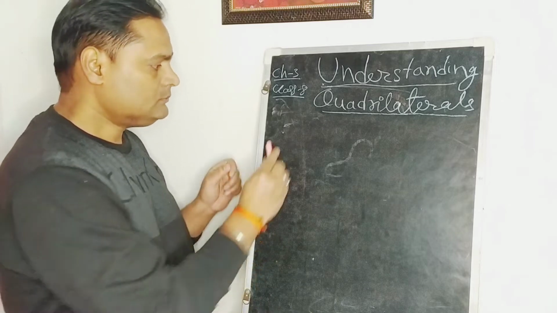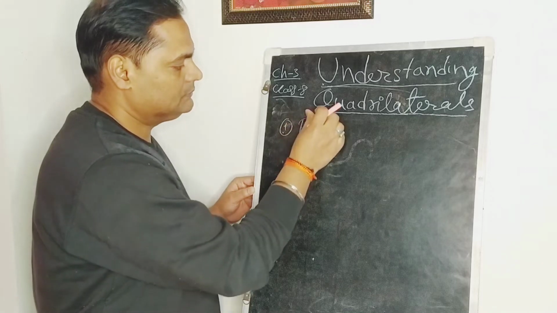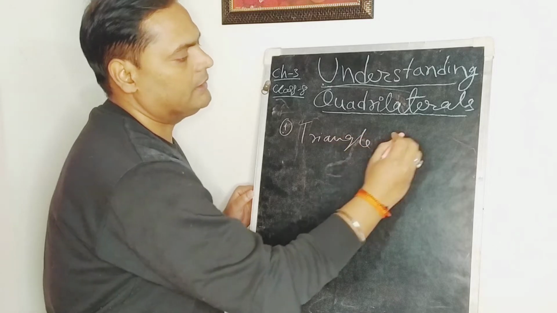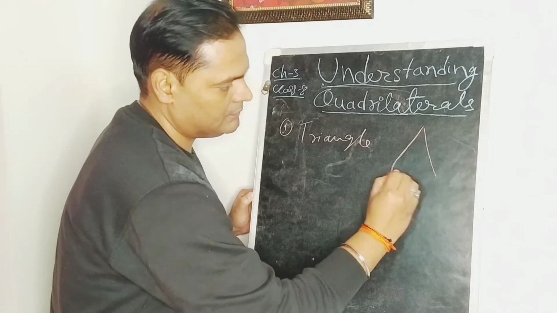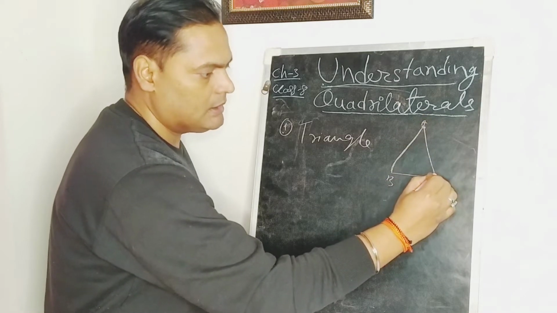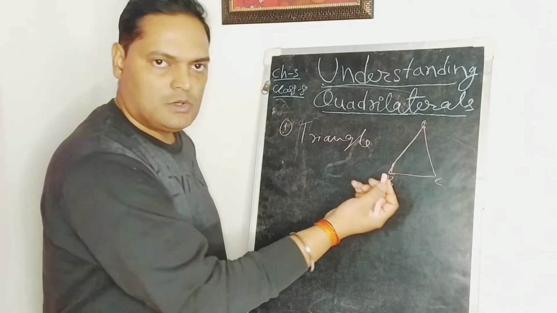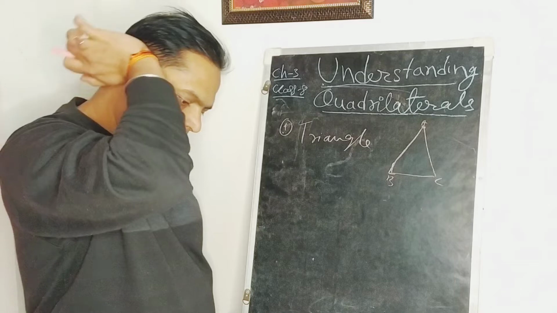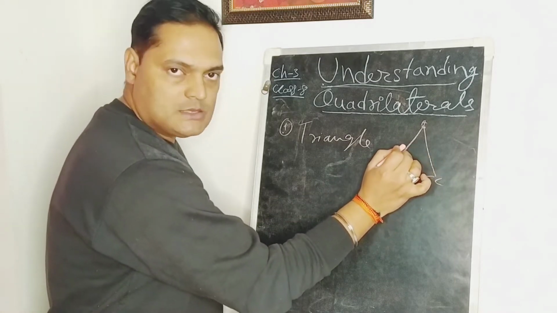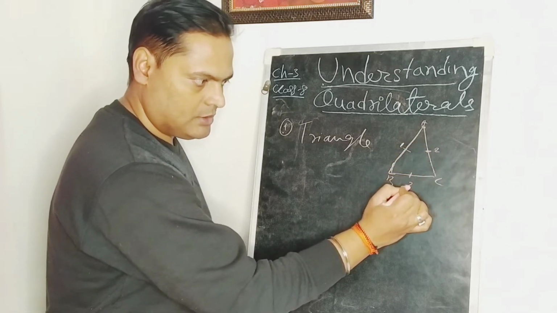For example, I have one figure, a rectangle, or we can take the triangle first. If I draw a triangle here, you can name the vertices A, B, C. I just want you to understand what we are trying to say here. This is side 1, this is 2, and this is 3.